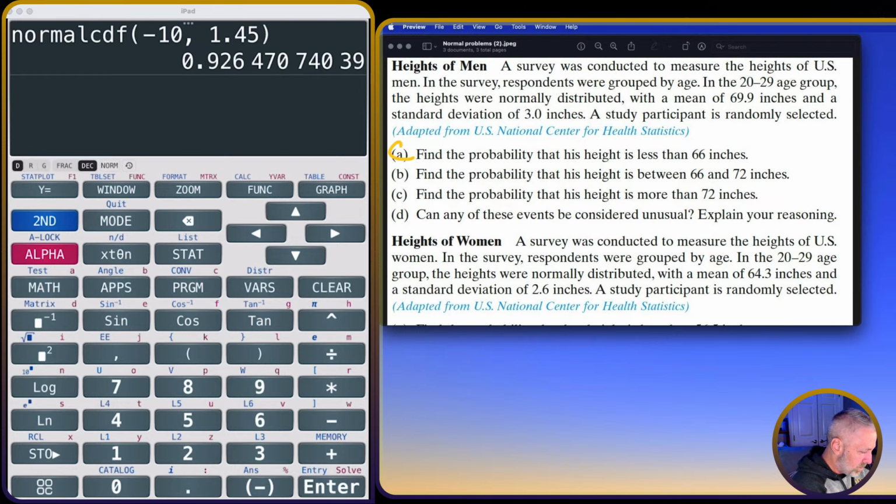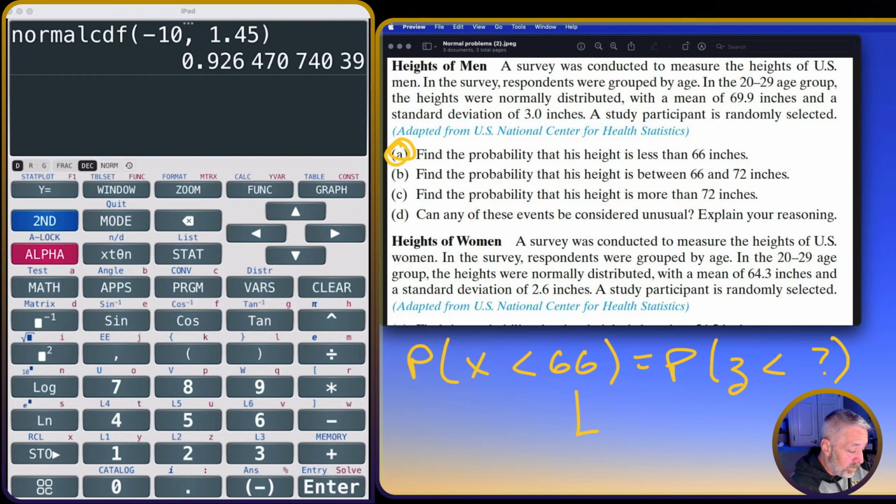So in this first one right here, find the probability that the one study participant that was randomly selected has a height that's less than 66 inches. Okay. So the probability that his height is less than 66 inches is equal to the probability of some z-score being less than whatever we transform that to. Okay?